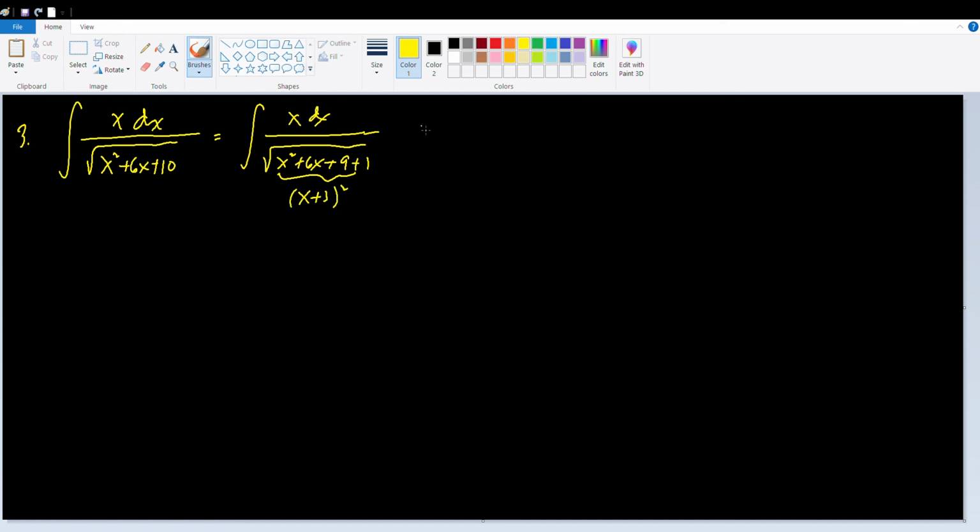So now, what we have as a radicand is an expression u squared plus a squared, or a squared plus u squared, where our u is equal to x plus 3, a is 1.